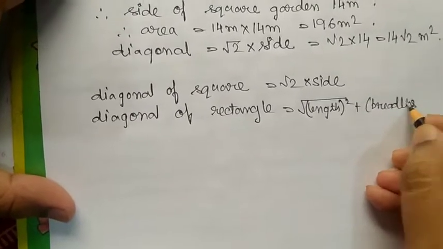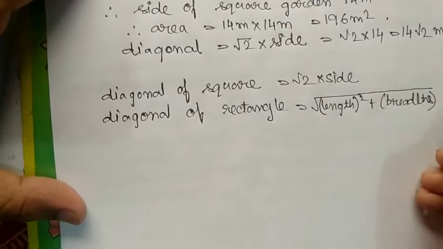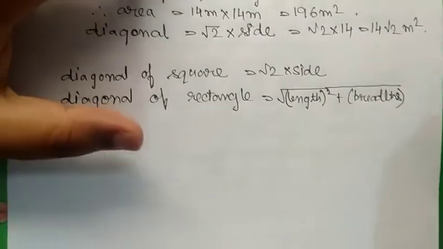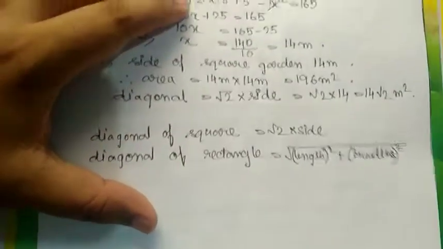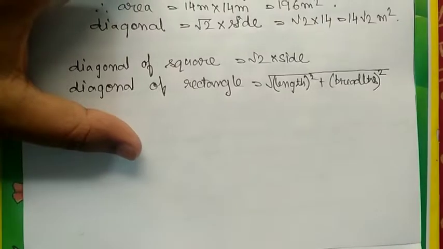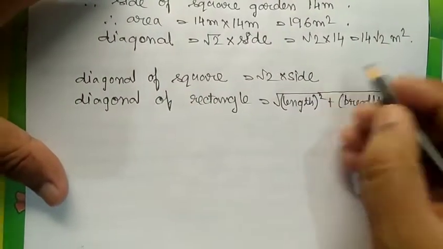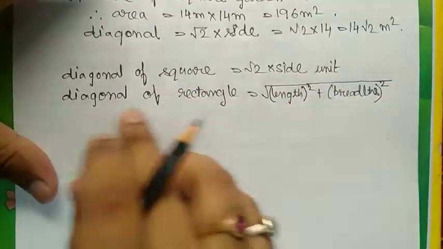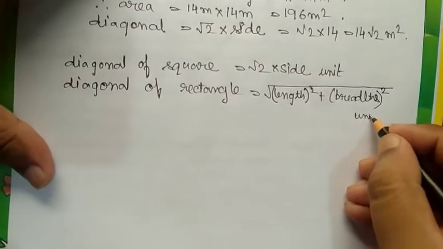If I don't discuss that on the first day of the chapter, then you have to write these two formulas on that page. This is very important. First is diagonal of square, root 2 into side unit, and diagonal of rectangle is equal to root over length square plus breadth square unit.